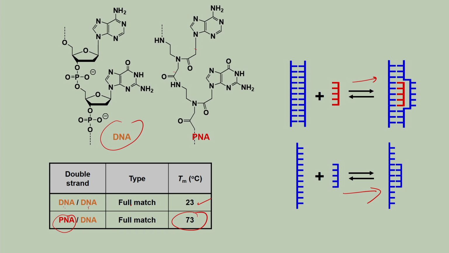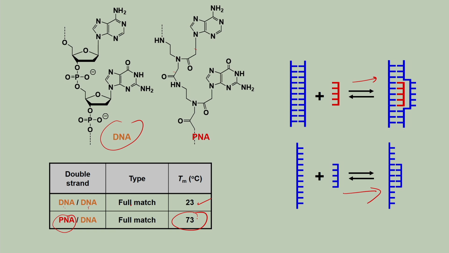The first and most important advantage is that it has a stronger binding affinity towards its complementary DNA or complementary oligonucleotide. It can be DNA, it can be RNA, it can even be another PNA.